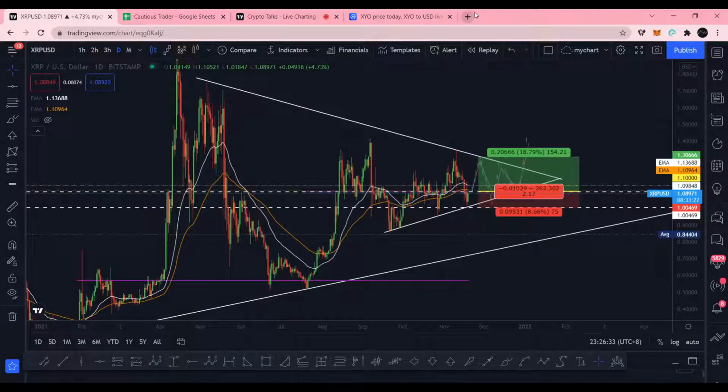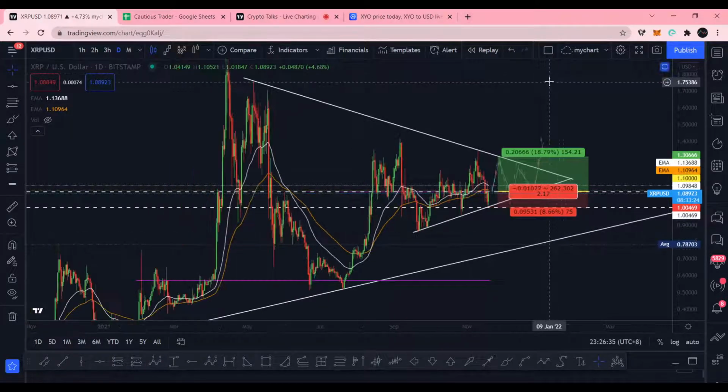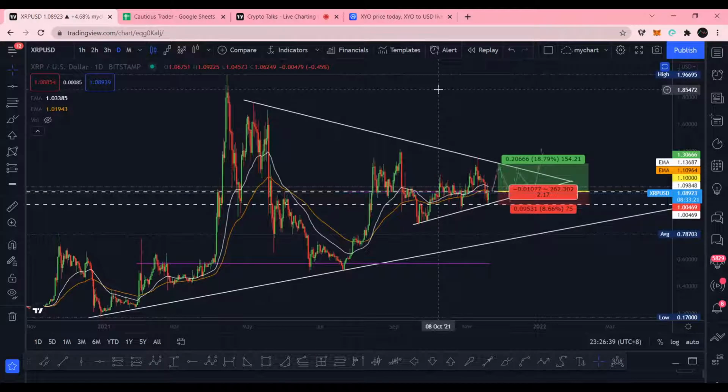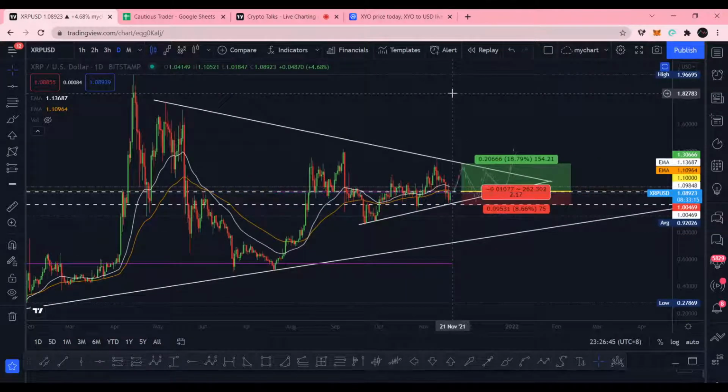Anyways, meron ba akong ano dito? Yeah, I think I have one here. For XRP, because of the EMA, as long as it holds above the EMA 60, I might possibly go long with a possible TP at 1.30 area.